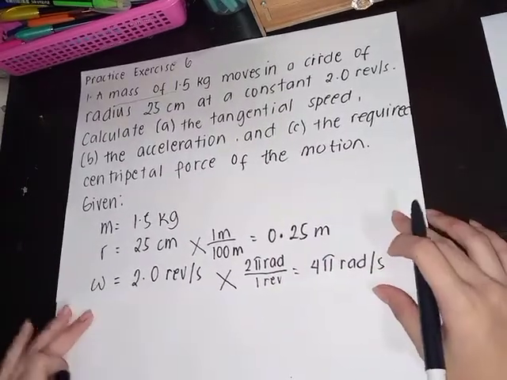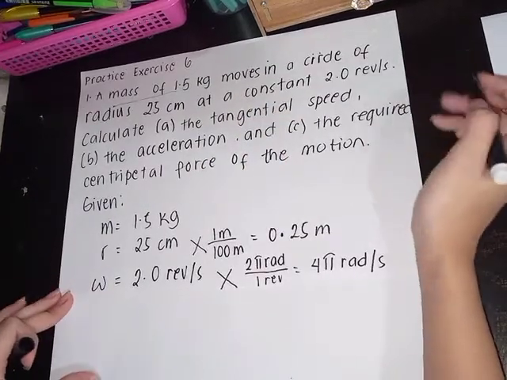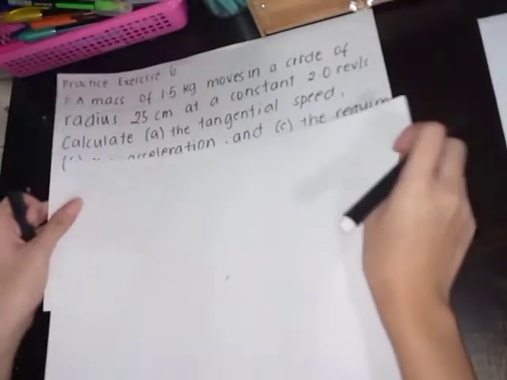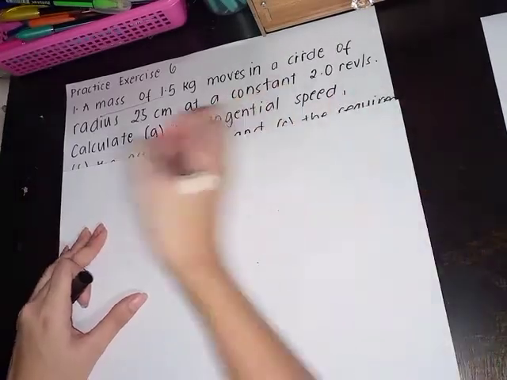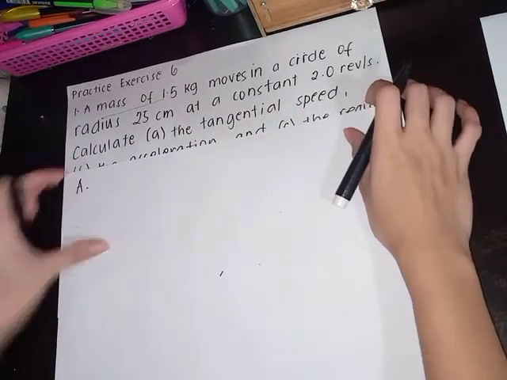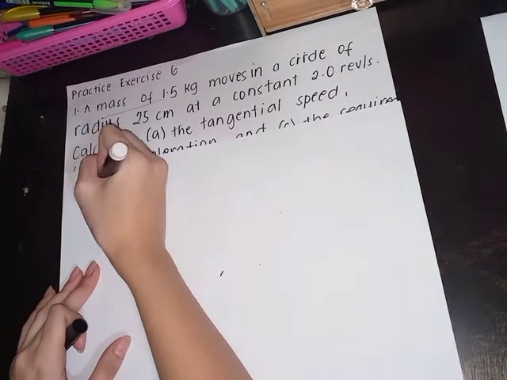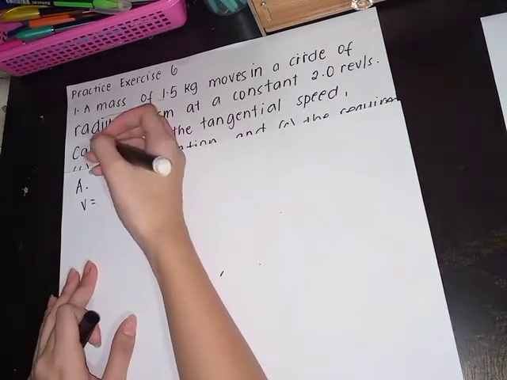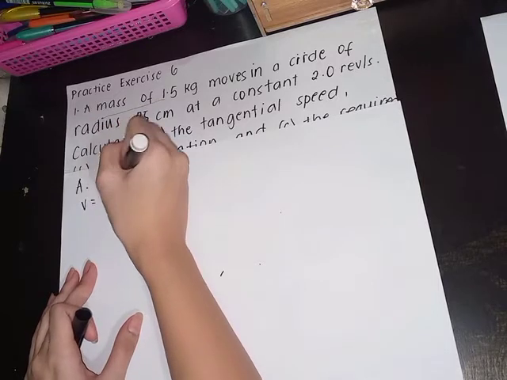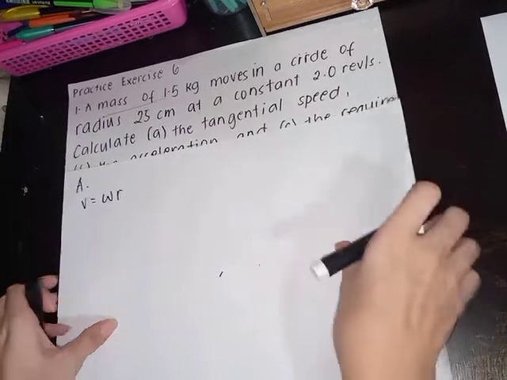We need to find the tangential speed. So, wait lang. We have to find the tangential speed una. So, tangential speed formula is velocity equals to the angular velocity times the radius.